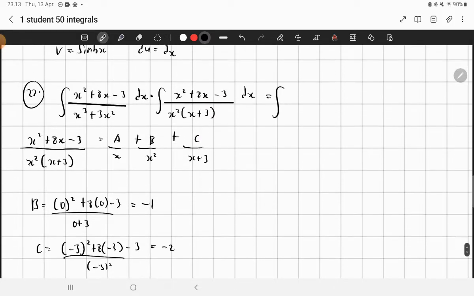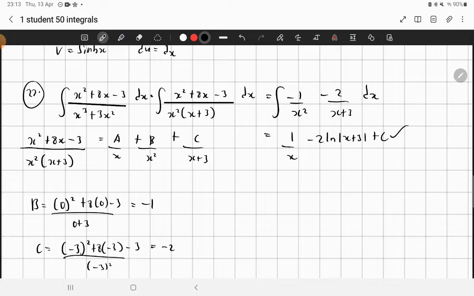So basically, this will be -1 over x squared minus 2 over x plus 3. Therefore we will have 1 over x minus 2 ln of x plus 3 plus c. So that will be your answer.